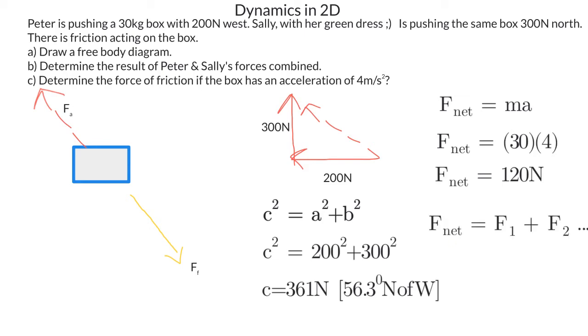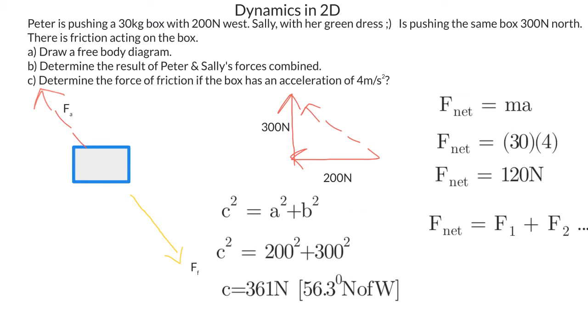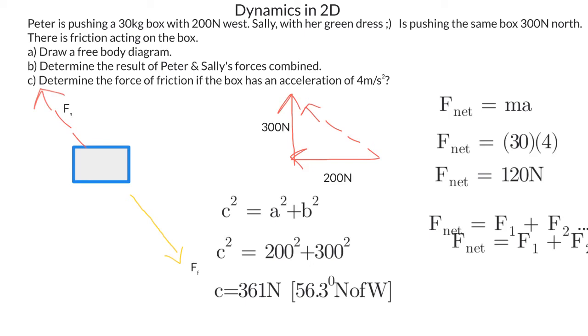So what I've got now is that the net force is the combination of all the forces put together. I'm just going to move these over a little bit. In this equation, I have two forces, Fa and the force of friction, so I am going to rewrite that. Copy, paste.